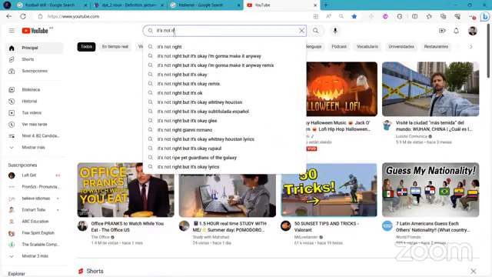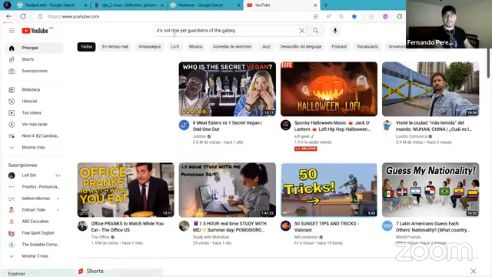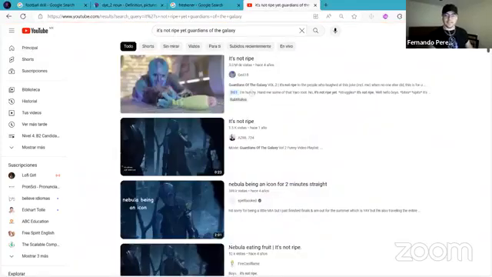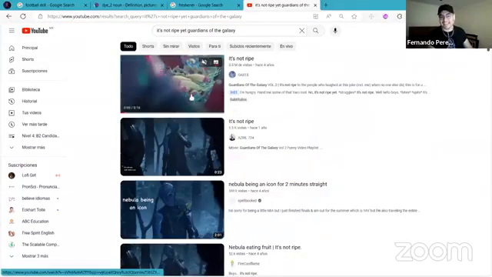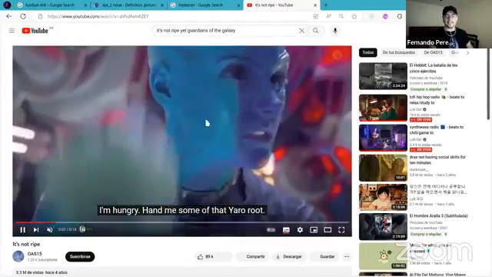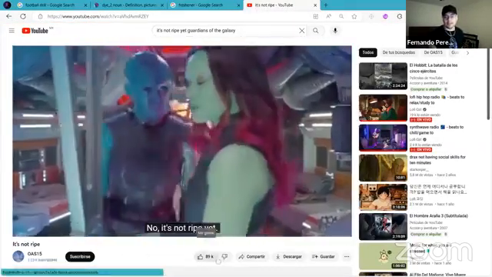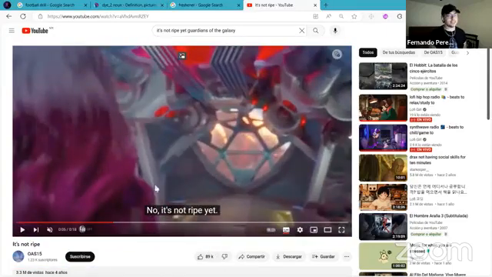Me too. It's not ripe yet. Guardians of the Galaxy. I love this. So check this out. We have these fruits, right? She's very hungry, right? And her sister says, it's not ripe yet. You cannot eat it. What's the meaning of this?